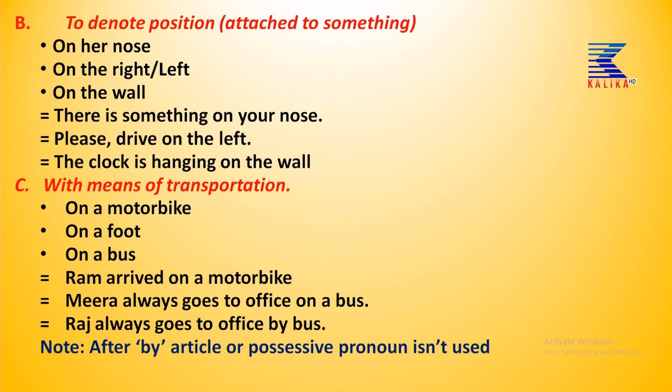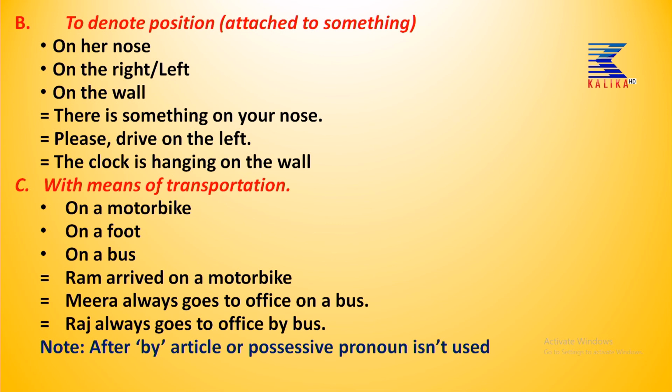Now next we use on with means of transportation, like on a motorbike, on foot, on a bus. Examples in a sentence: Ram arrived on a motorbike. Meera always goes to office on bus.